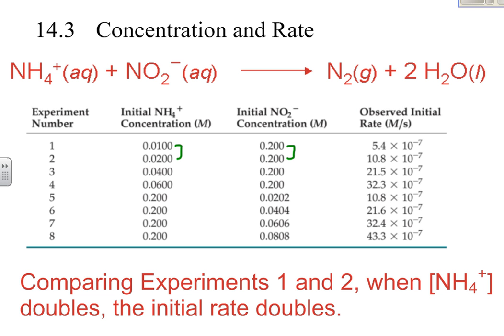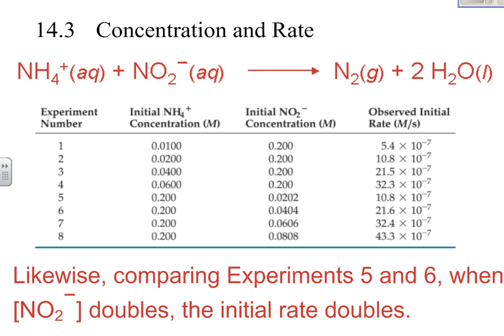And what we see from that is by doing that, we get a doubling of the rate of the reaction. Right? So what this shows us is that doubling the concentration of the ammonium ion doubles the rate of the reaction, or the rate of the reaction is directly proportional to the concentration of the ammonium ion.